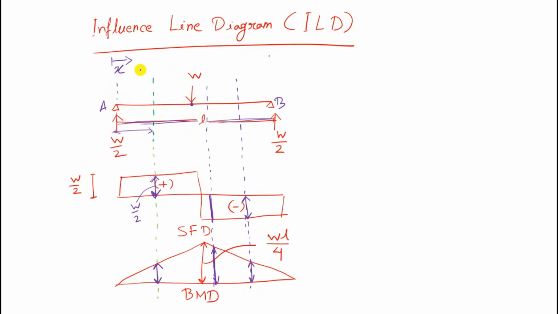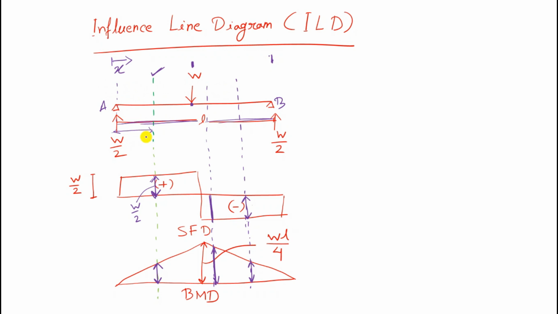When x is equal to L by 4, the section lies at this point. When the x value is L by 2, the position of the section is this. When the x value is L, the position of the section is this. So you can understand that the section is moving.